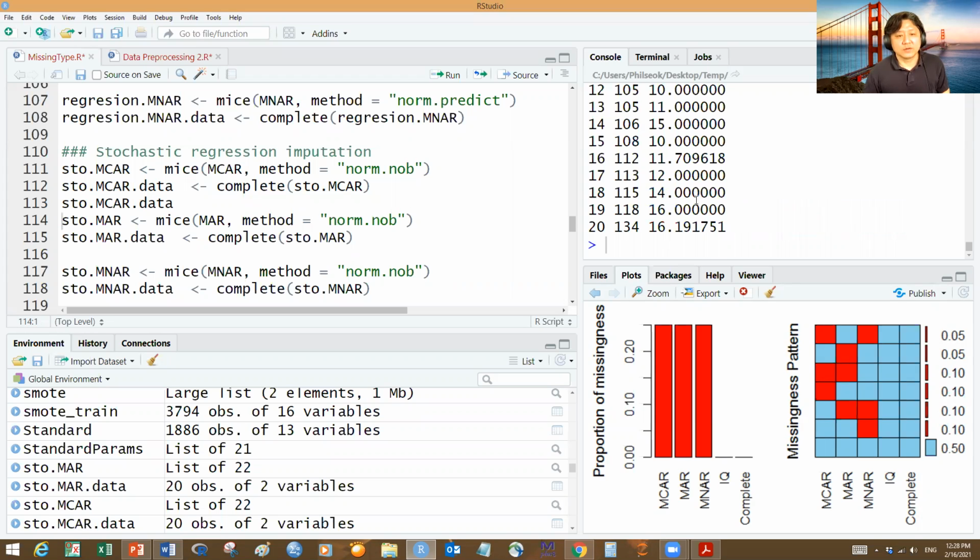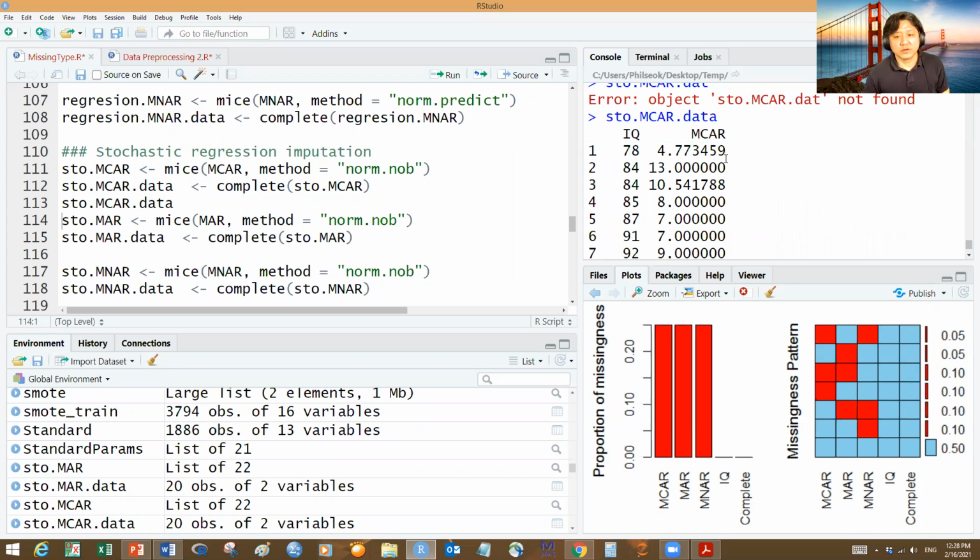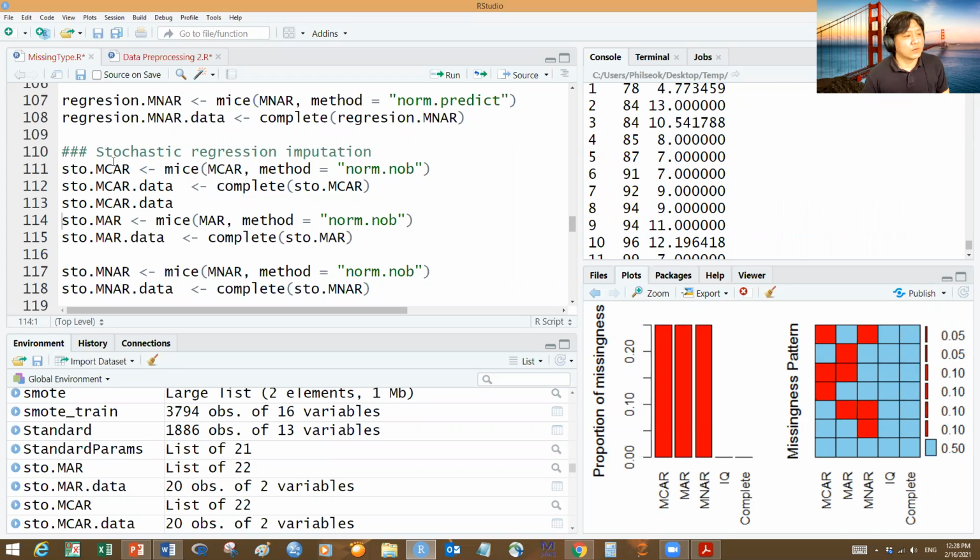Now we have imputed these values, but this imputed value has some error term. So this is stochastic regression imputation, and you can do the same thing for the MAR data and NMAR data. So I will just run it.